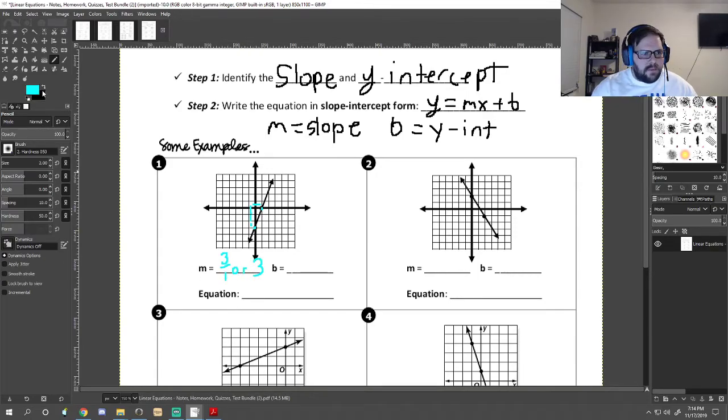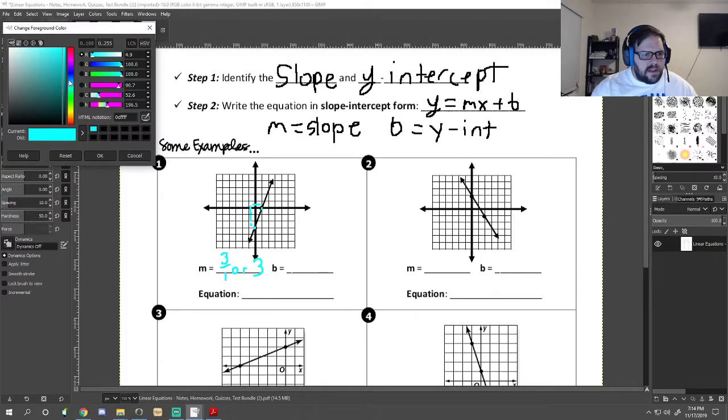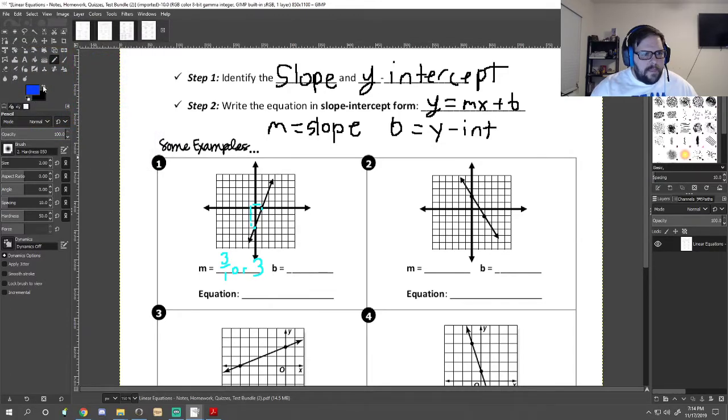Wow, that is bright. So maybe I need to change that color a little bit. We'll do a less bright color. All right. So we have our slope, which is 3. And what is our y-intercept? If we look, we see where our dot was, which was down here.